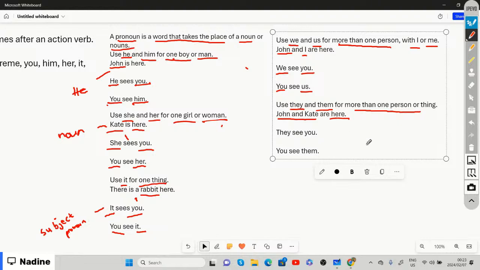But the pronoun is when we say they see you, because they is a subject pronoun and you is an object pronoun. And then we have you see them.